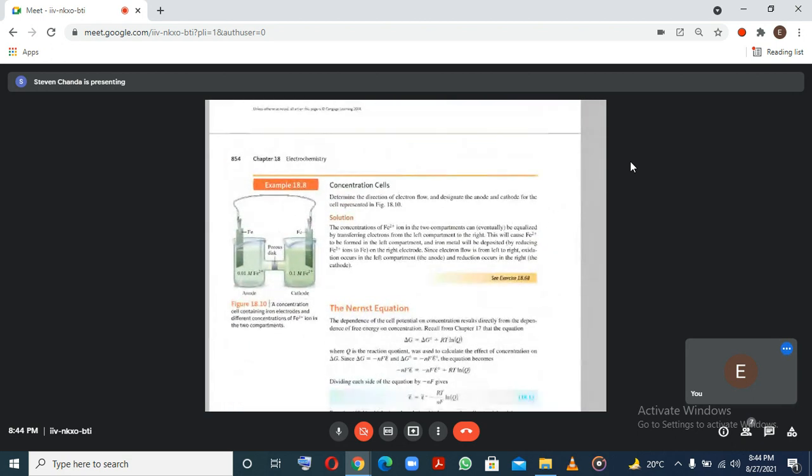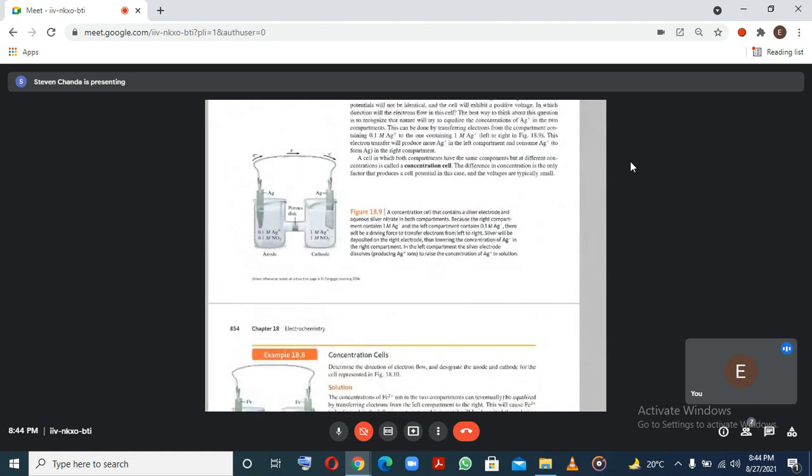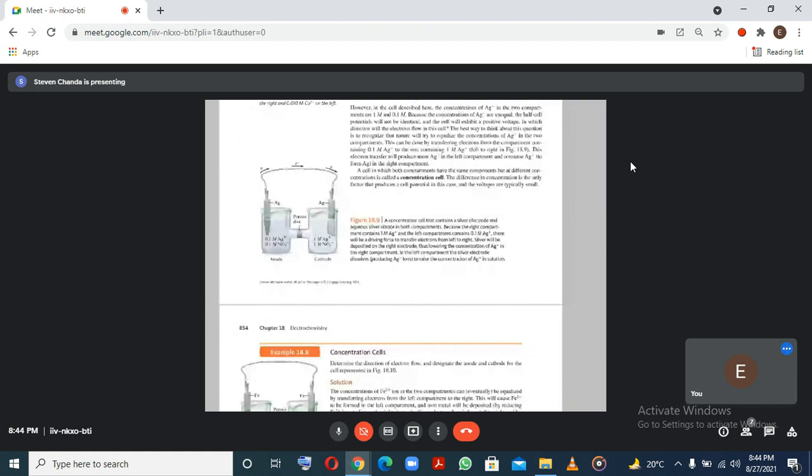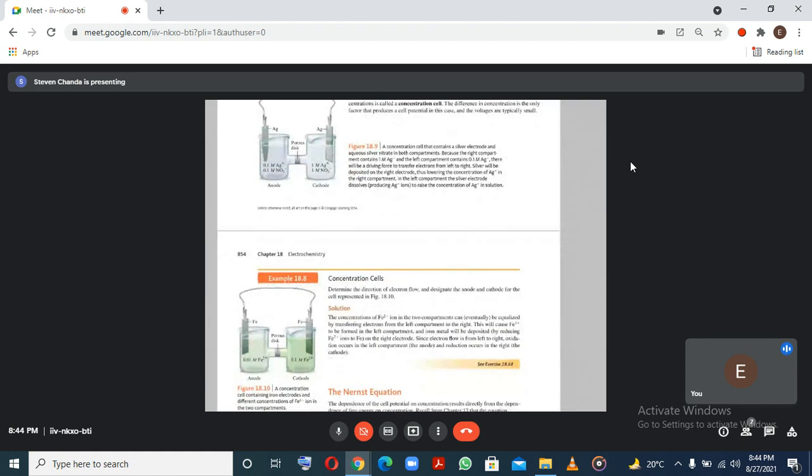Okay, so a cell in which both compartments have the same components but at different concentrations is called a concentration cell. So the difference in concentration is the only factor that produces a cell potential in this case.